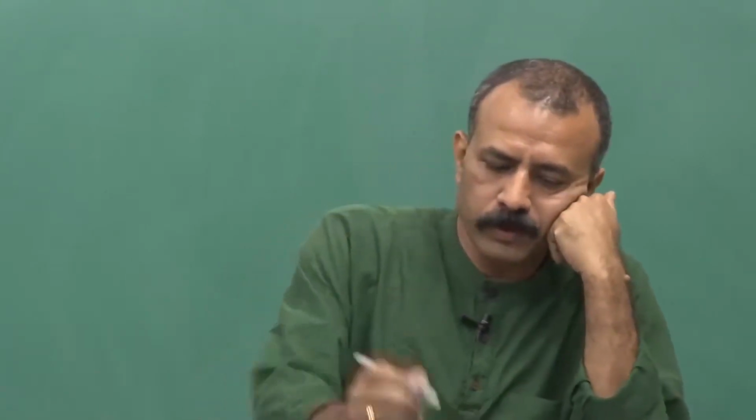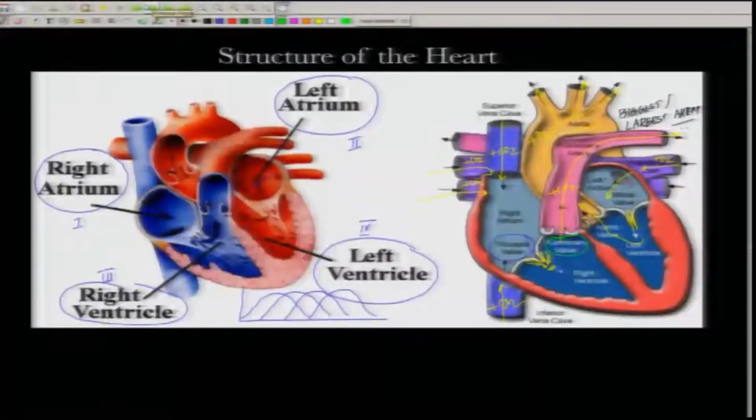The pulmonary artery carries the deoxygenated blood and the pulmonary vein carries the oxygenated blood from the lungs to the left upper chamber of the heart, the left atrium, right.